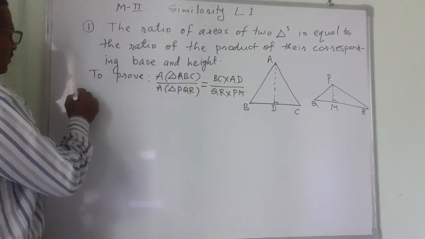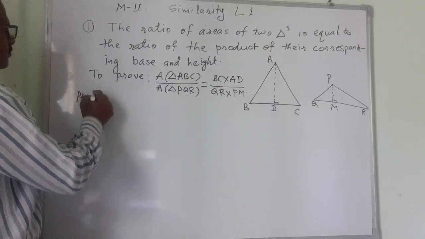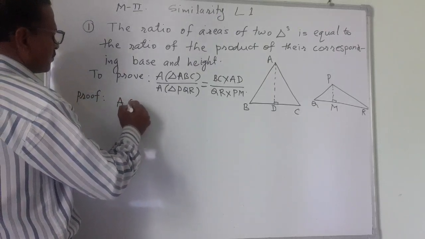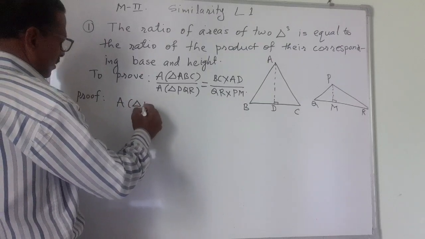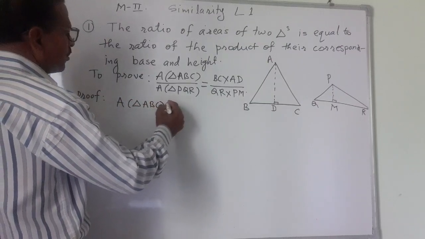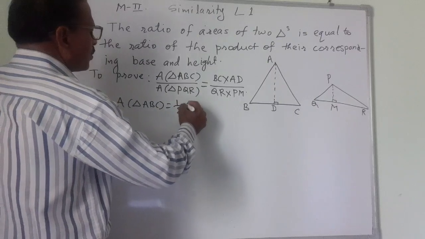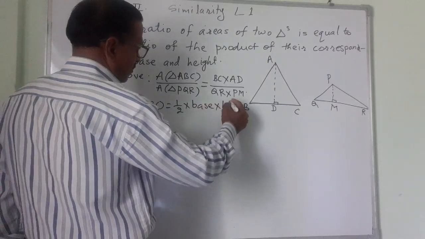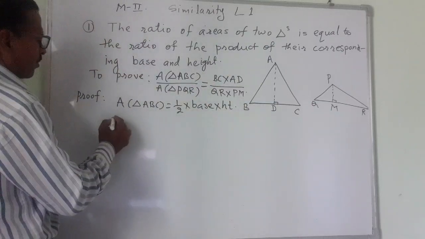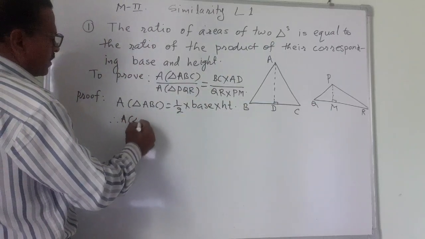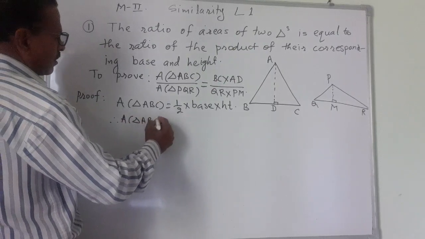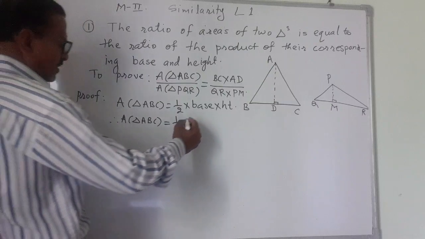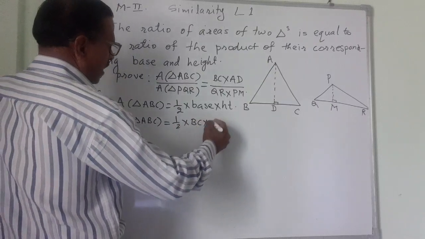Proof. Area of triangle ABC is equal to 1/2 into its base into height. Therefore, area of triangle ABC is equal to 1/2 into BC, the base, into AD, the height.